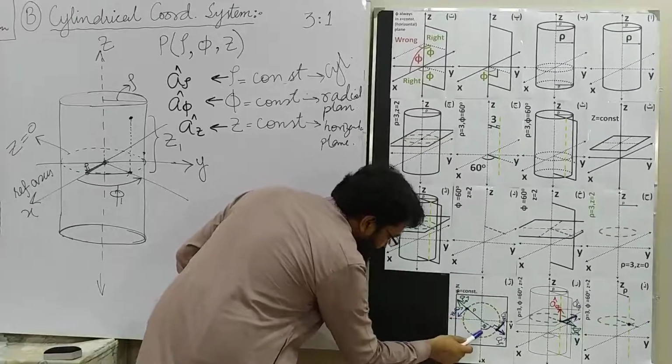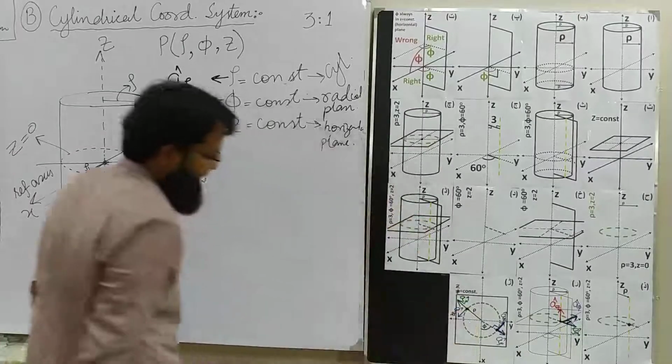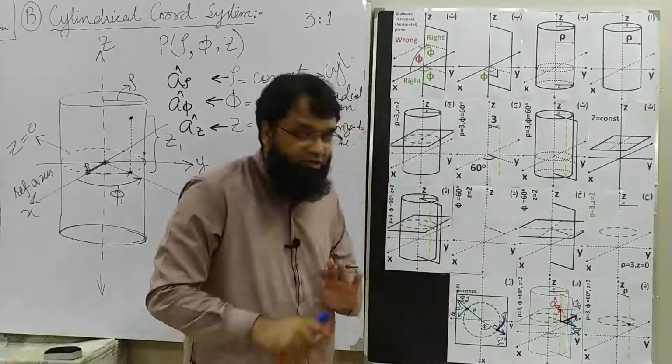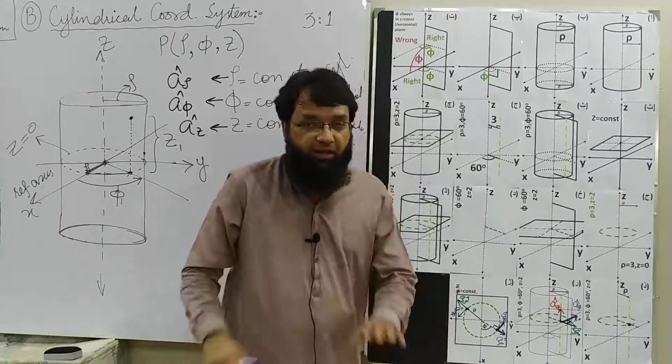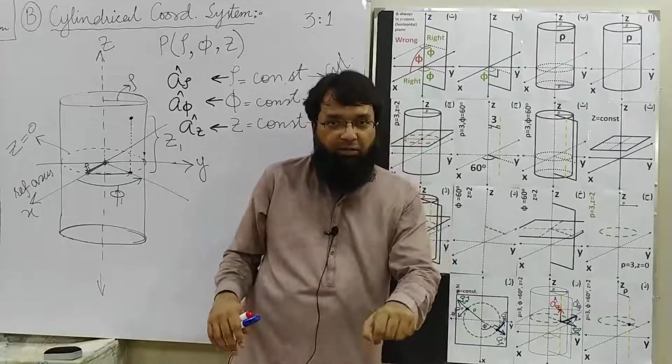If I move in this direction, the value of the angle will increase, and z remains the same. So now you can see that the direction of rho and phi changes with respect to the point. Wherever you are standing, the unit vector will be defined with respect to that point.